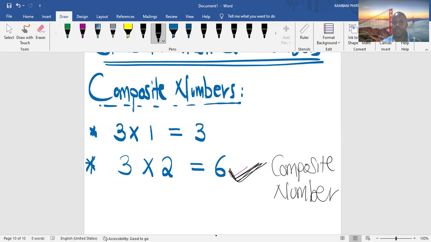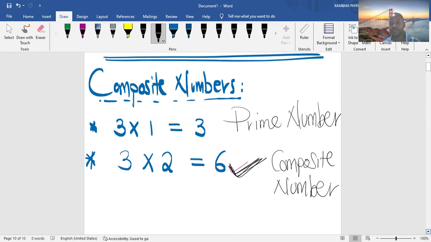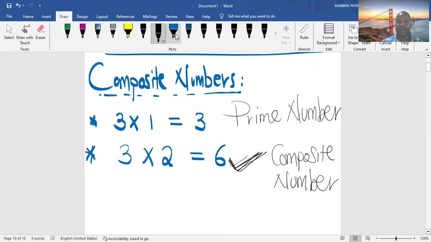When you look at this one, it is a product of two numbers, but one of the numbers is 1. Therefore, this number is not composite. It is prime. That's the difference between a composite number and a prime number.